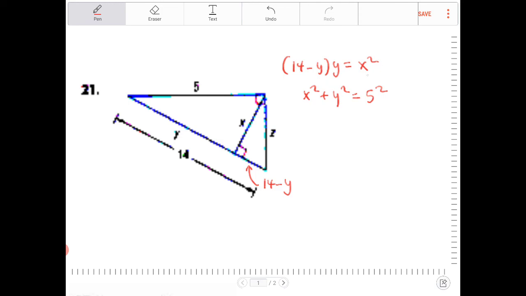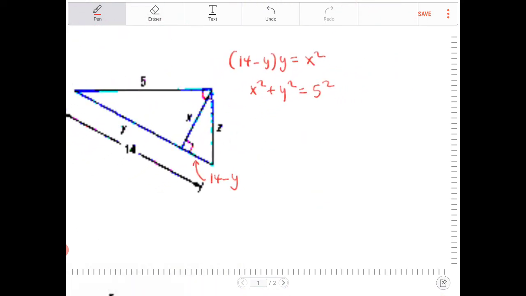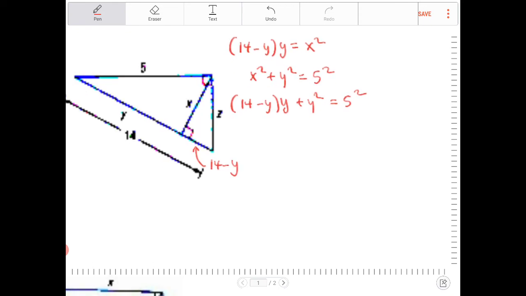This is what I'm going to do. I'm going to take these two and replace them with one another. So notice that in the first equation, 14 minus y times y is equal to x squared. I'm going to substitute that into the second equation. So I get 14 minus y times y plus y squared is equal to 5 squared. What I'm going to do is distribute.